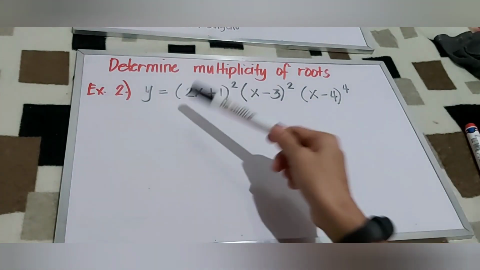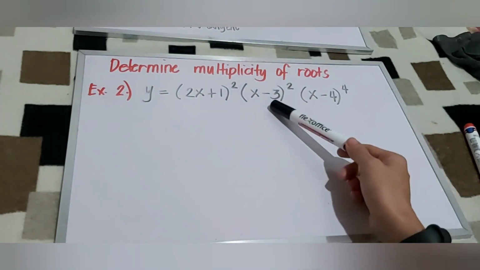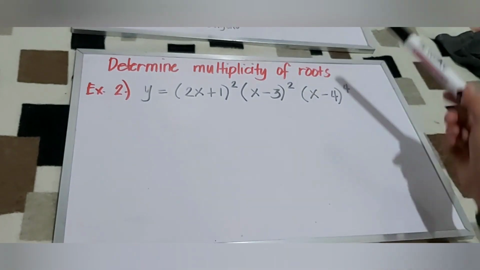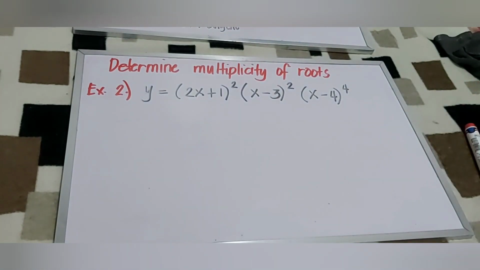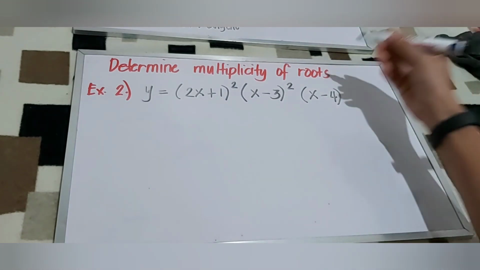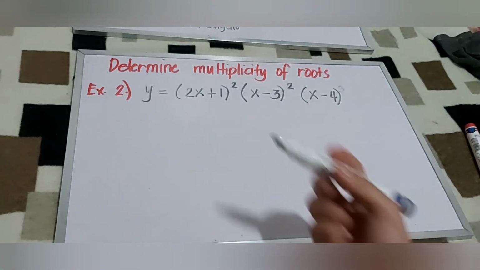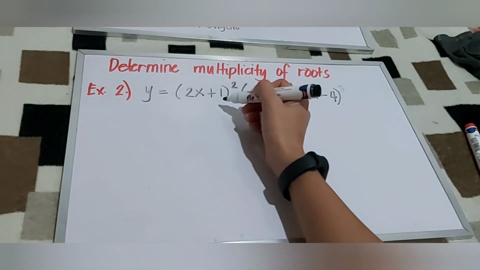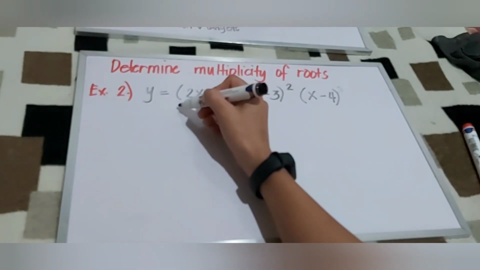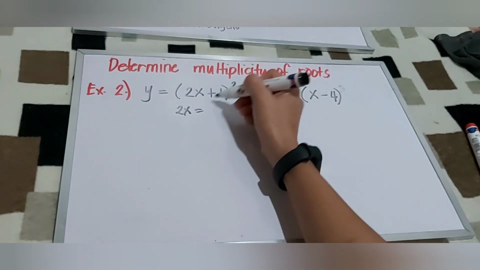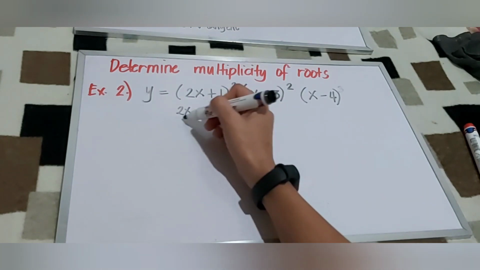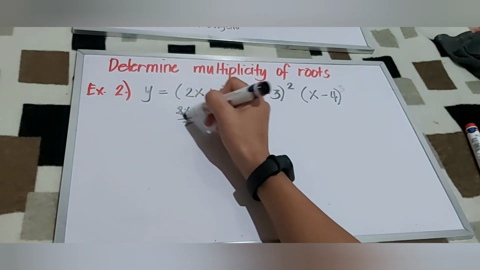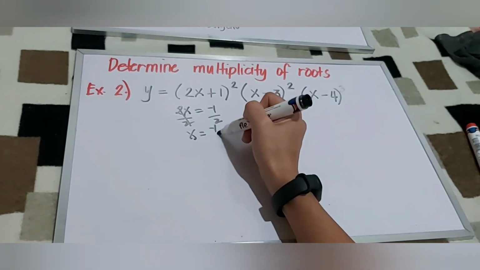So, y is equal to 2x plus 1 squared, x minus 3 squared, and x minus 4 raised to the 4th power. Wait, let us make this a cube. From here, our x-intercept: 2x equals negative 1, right? Then divide both sides by 2. x is equal to negative 1/2.